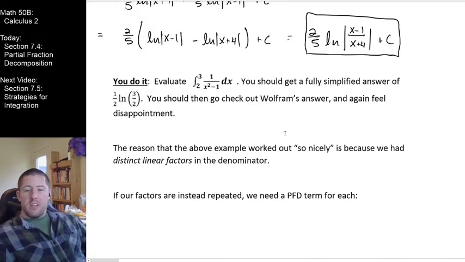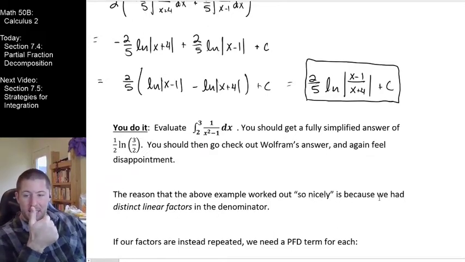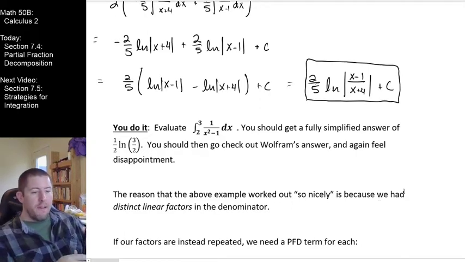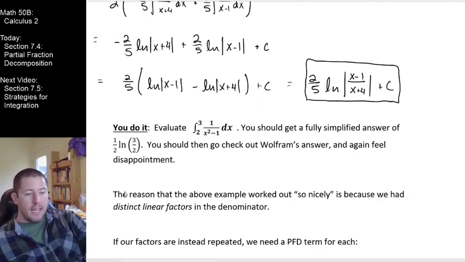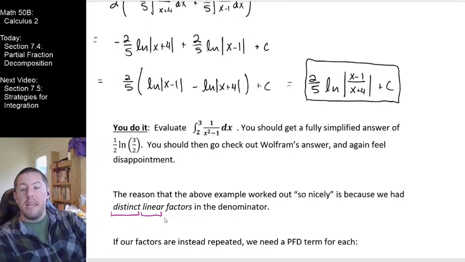And what I want to say here, going into our next example, is that the reason the above example, this one that we just did, worked out so nicely is because we had distinct linear factors. And what I mean is there's two different things right here. When I say distinct, I mean we did not have repeated factors.